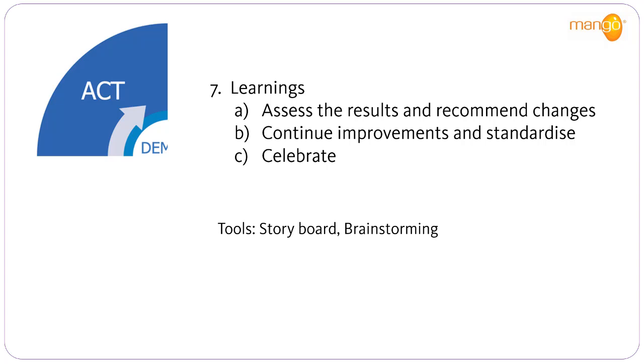So step 7, the final step, is the act. You look at the learnings, you learn from the results of what you've done, and any more recommendations that could come from that. So for example, the selection of pizzas was a high number there.